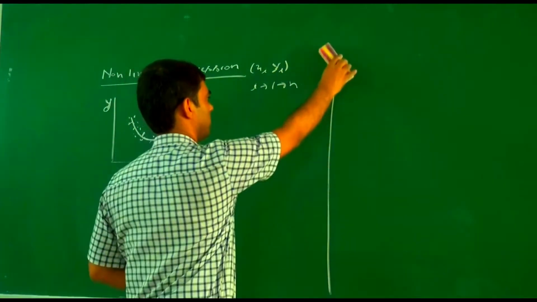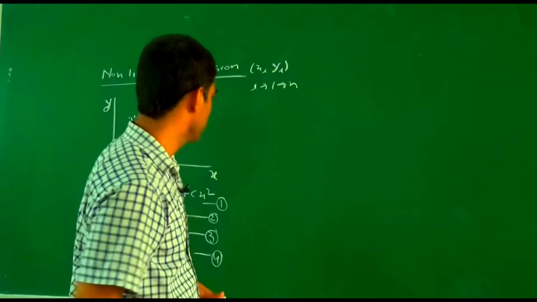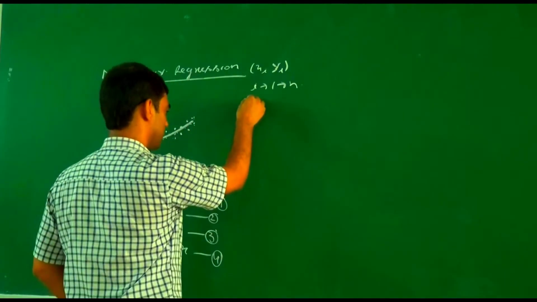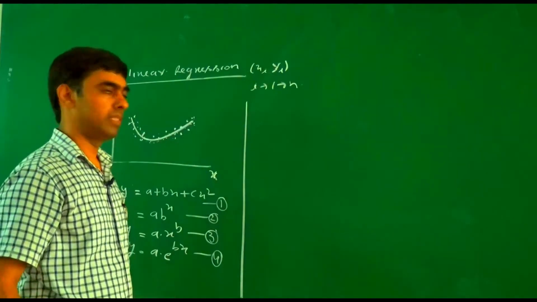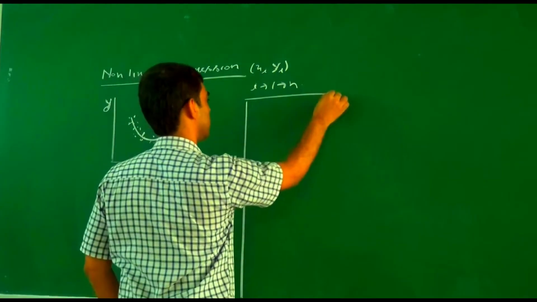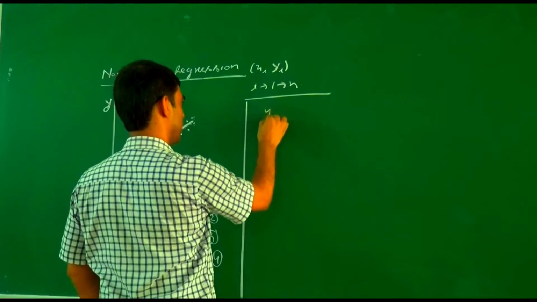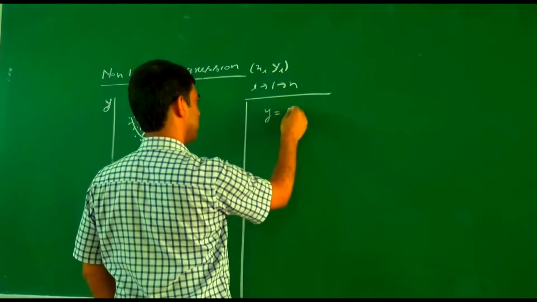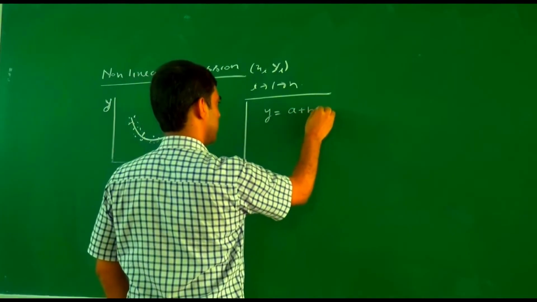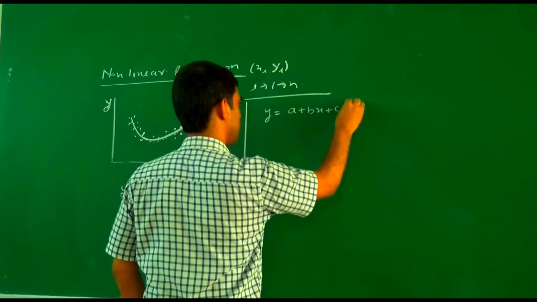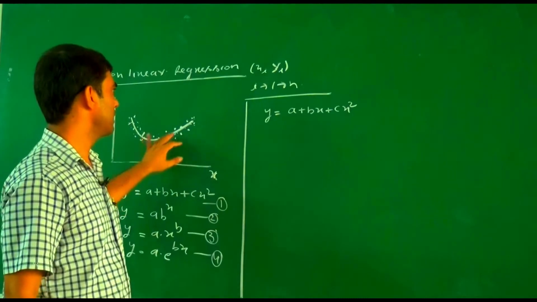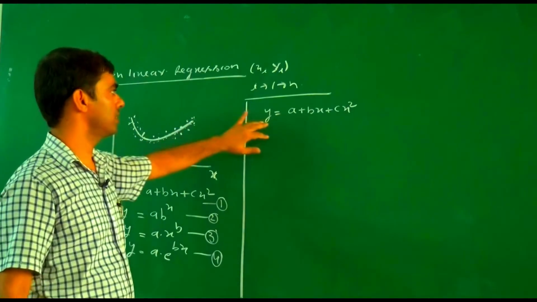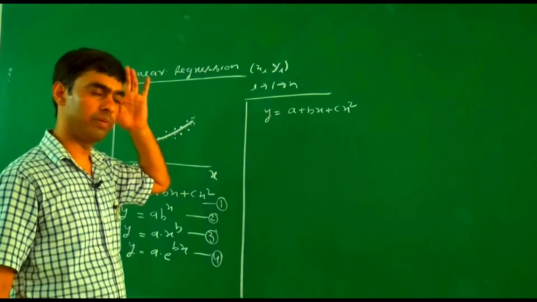So if we write the first one, first curve means these are the given xi, yi. So the first curve is y equals a plus bx plus cx square, meaning the regression curve is in the form of a parabola.